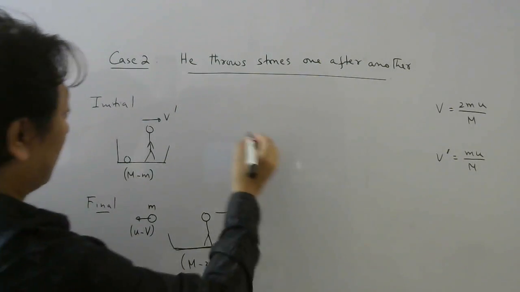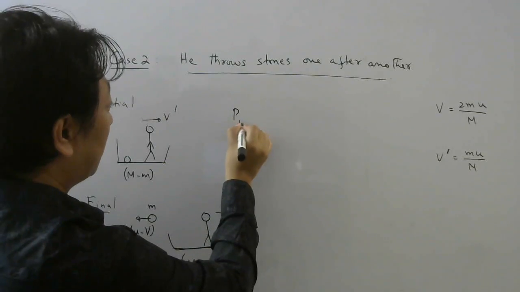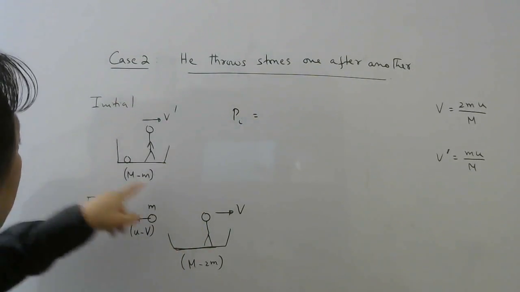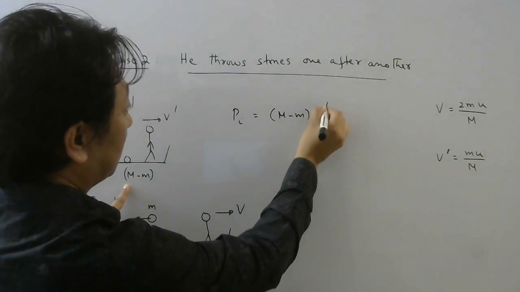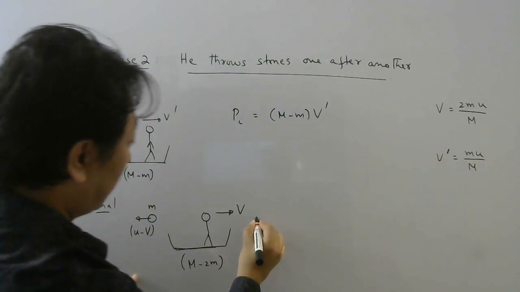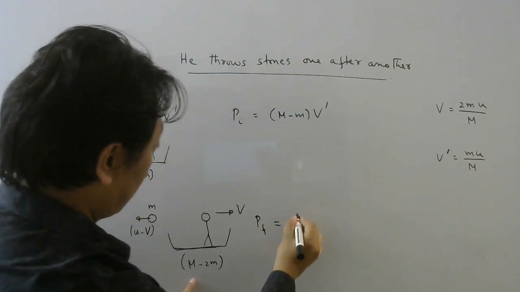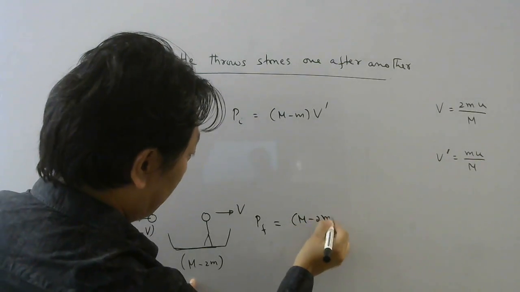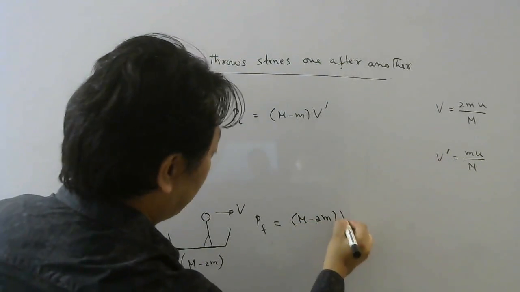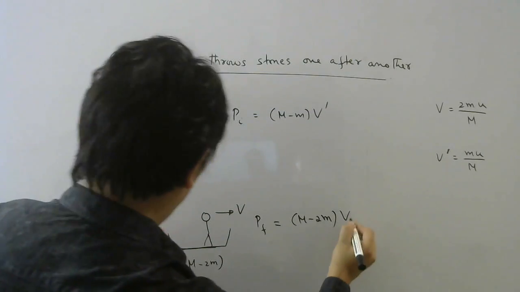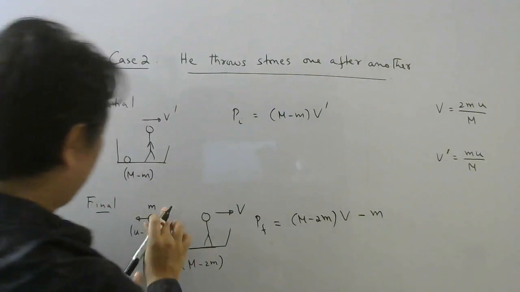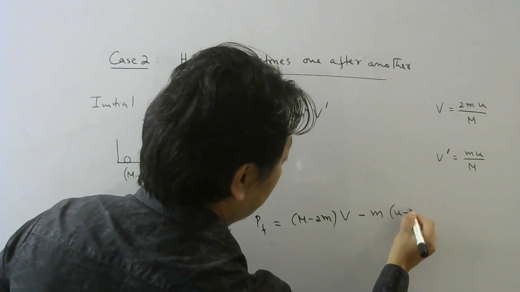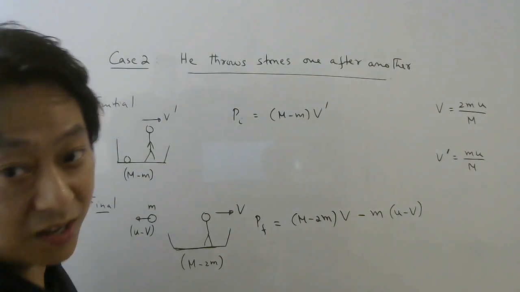Now let us calculate the initial momentum of the system. So initial momentum is (M minus m) v dash, right? And the final momentum of the system will be (M minus 2m), that's the mass of this remaining part, into V this side, and this will have negative momentum, minus mass is small m, velocity with respect to ground is u minus V, right?